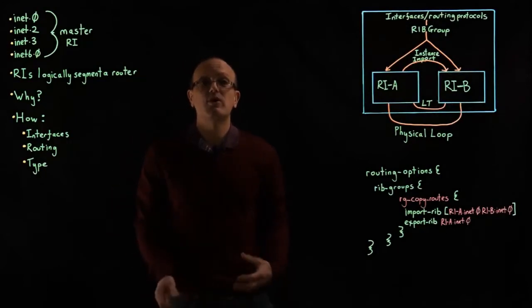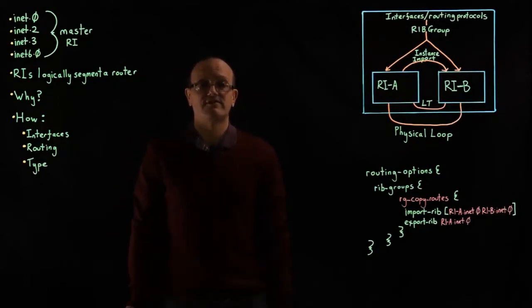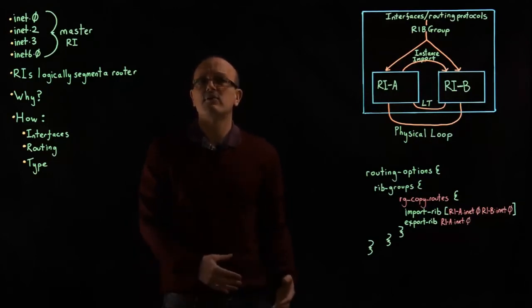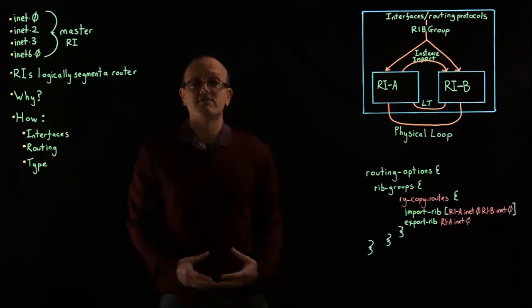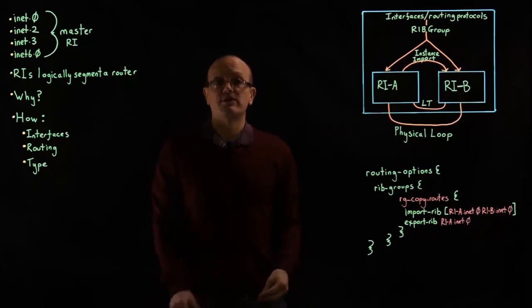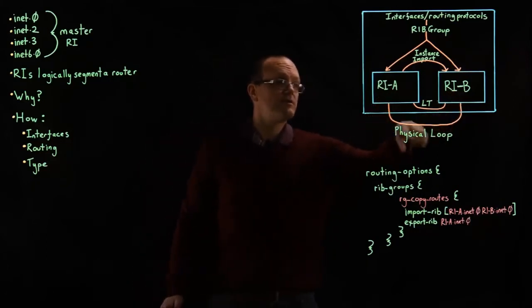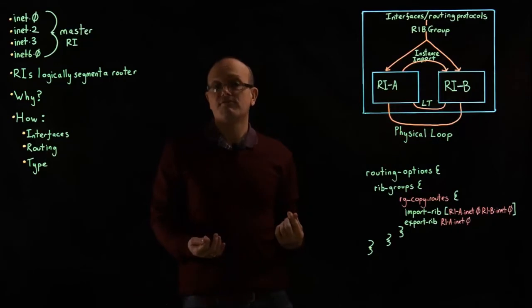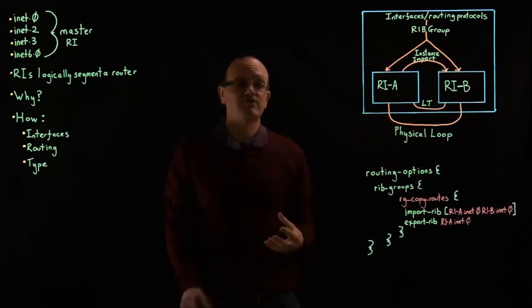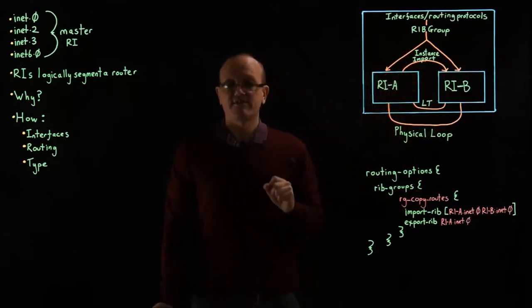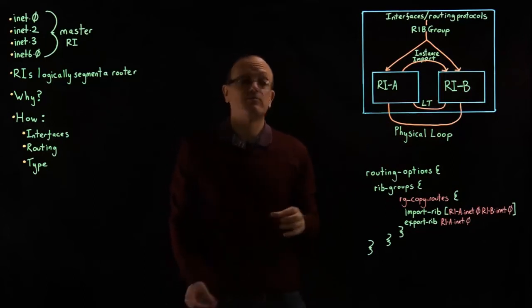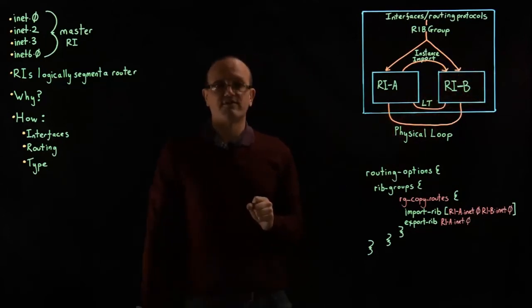Sometimes there comes a time where you need to interconnect different routing instances. You need to be able to send traffic from one routing instance into another routing instance. And there are many different ways that you can do this. The first interconnection option we can have is a physical loop. So this is a piece of copper or fiber on your Juniper device interconnecting one physical interface that's associated with one of the routing instances, looping to another physical interface that's associated with the other routing instance.